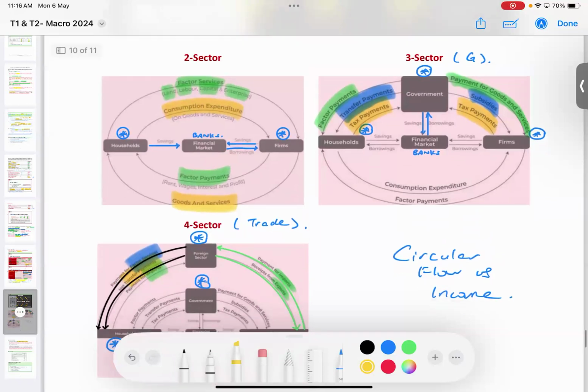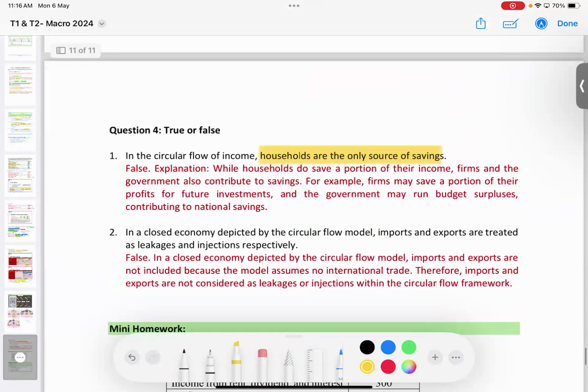And government, yes, correct. So it is false, because firms and the government also can contribute to the saving. So that's the explanation. I put it over there for you to read.